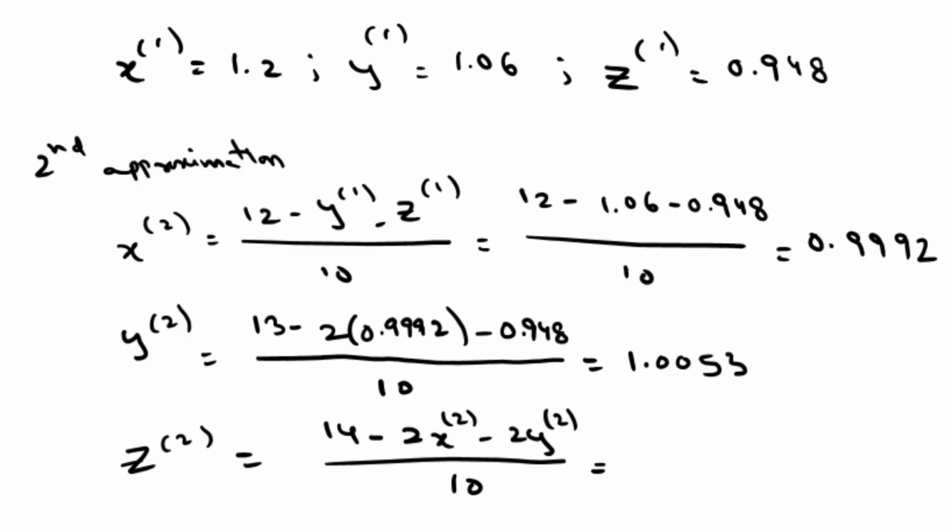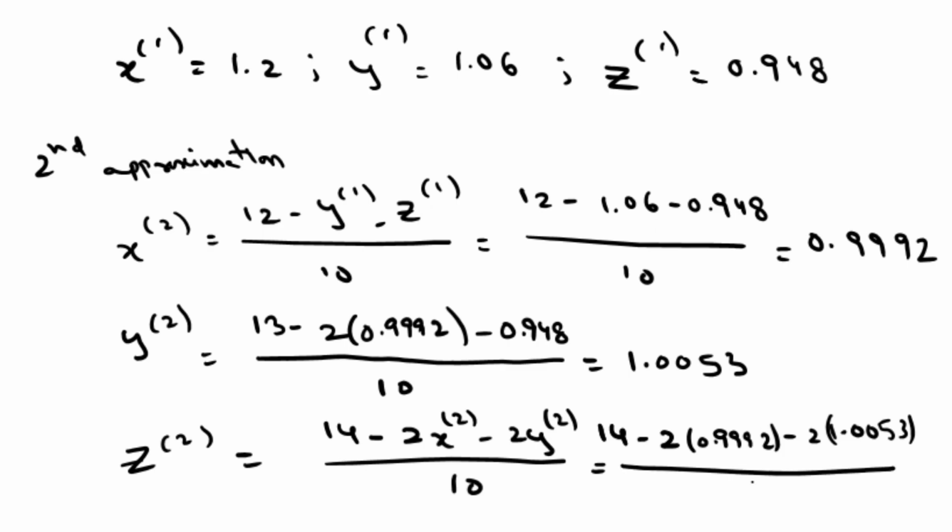By substituting the values, 14 minus 2 into x of the second iteration, 0.9992, minus 2 into y of the second iteration, 1.0053, divided by 10. You can obtain the value 0.9991. This is z of the second iteration.